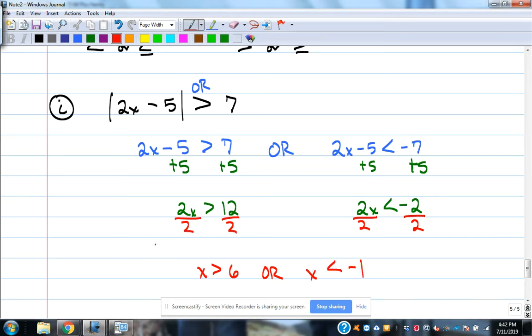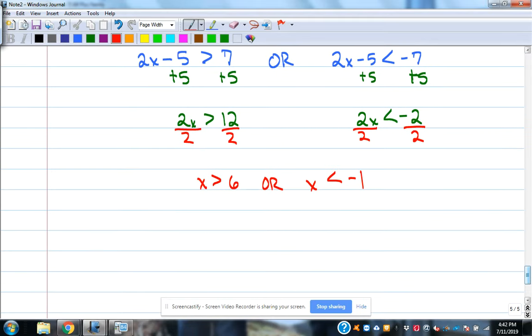All right. So once you get there, there's your inequalities. You can take that and put it into set builder notation just by going x such that x is less than -1 or x is greater than 6. And I just swapped the order there to show you it doesn't matter which one is in the front or the back of the or.